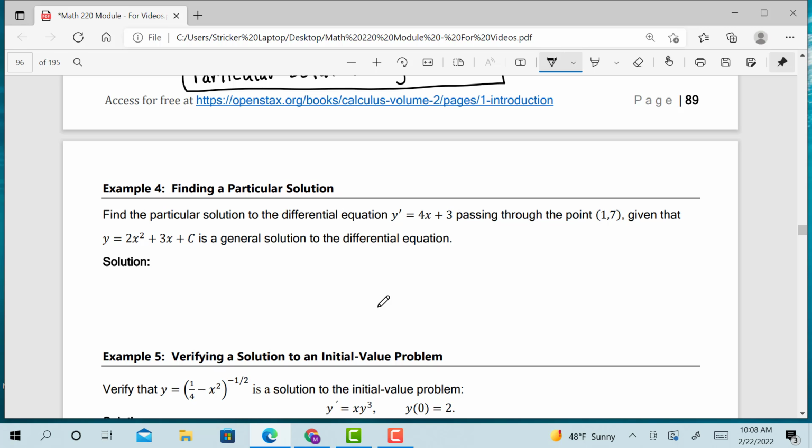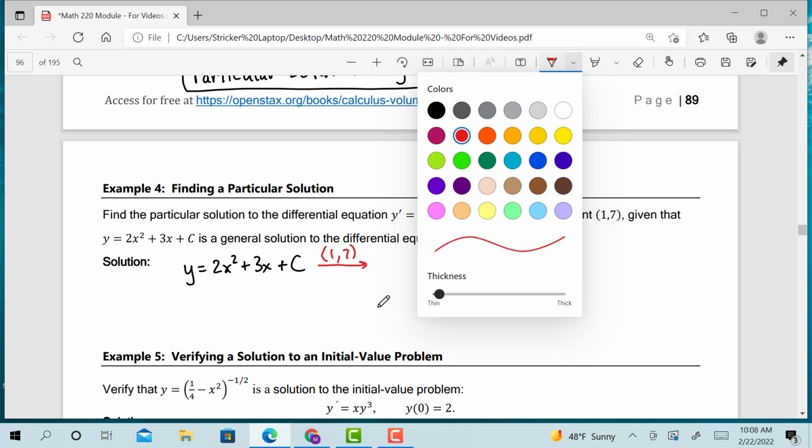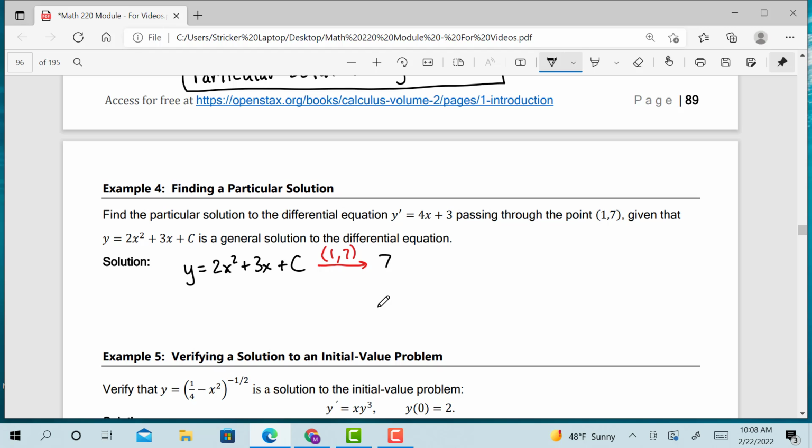All right, so let's go ahead and check what you got. I'm going to write out that general solution, y equals 2x squared plus 3x plus c. Again, just like in the last one, you should plug in that point. It's going to be the particular solution that passes through the point (1, 7). When we plug in that point, we get 7 equals 2 times 1 squared plus 3 times 1 plus c, which gives you 7 equals 5 plus c, where c is equal to 2.